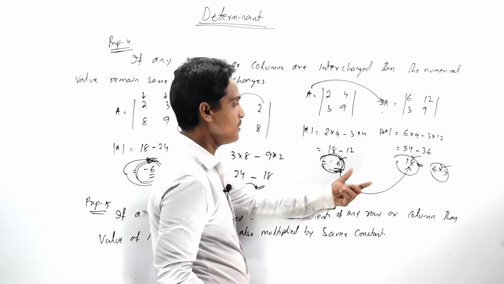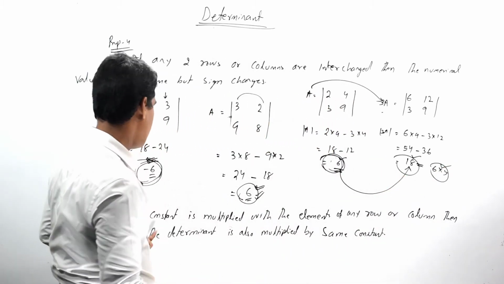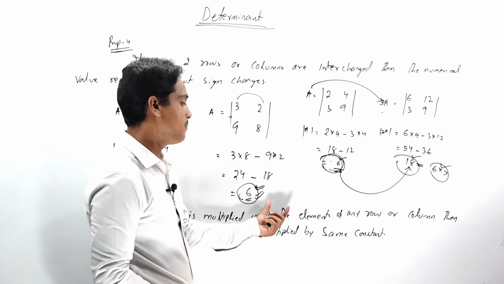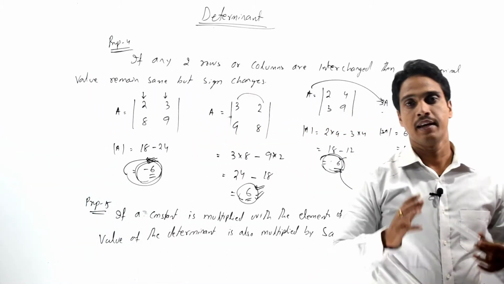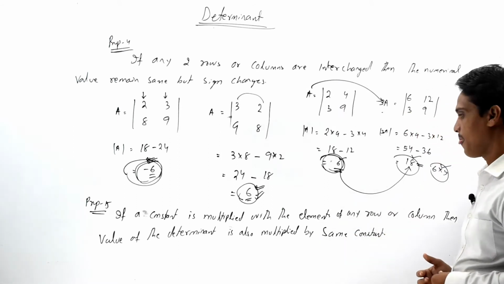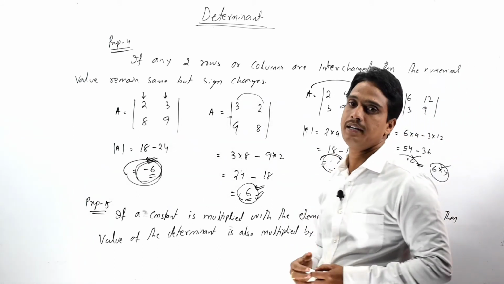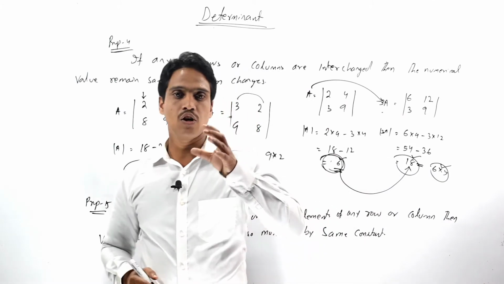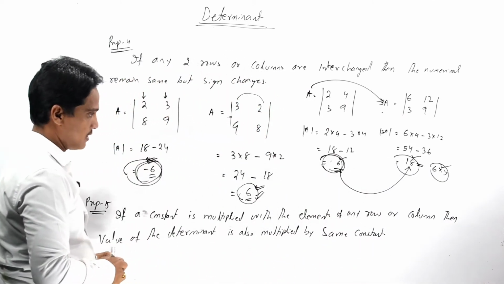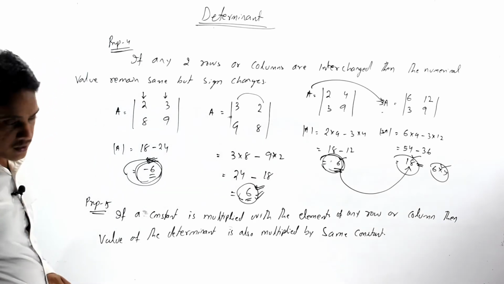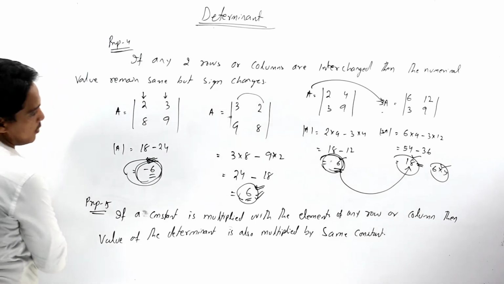So it is proved that if a constant is multiplied with the elements of any row or column, then the value of the determinant is also multiplied by the same constant. So now come to our sixth property.